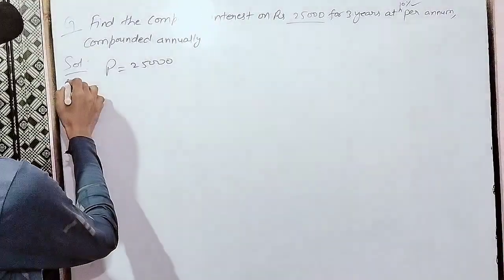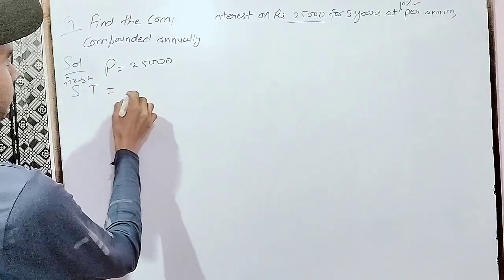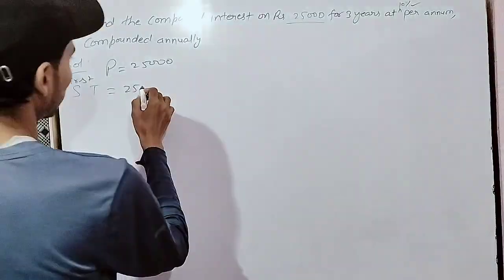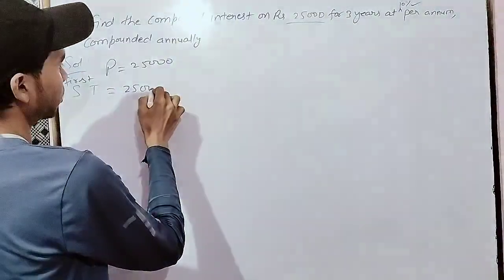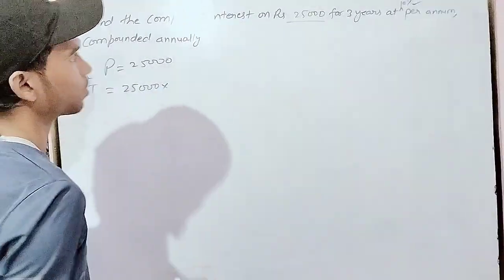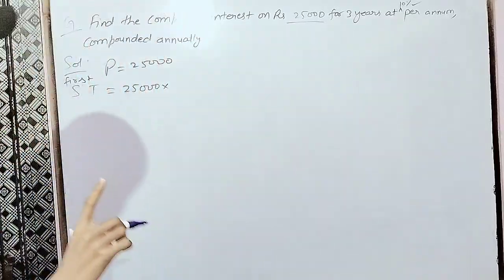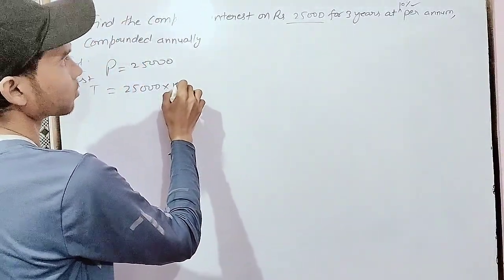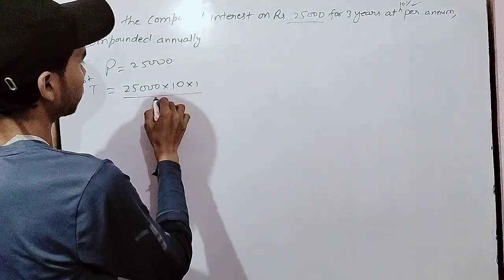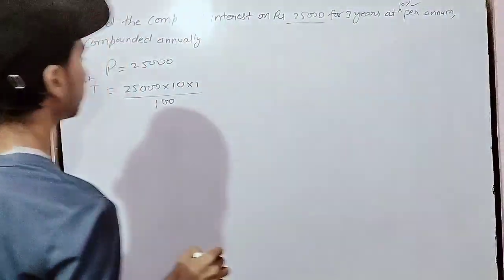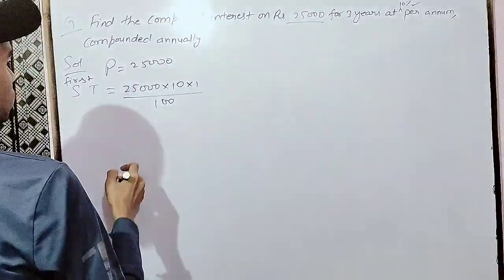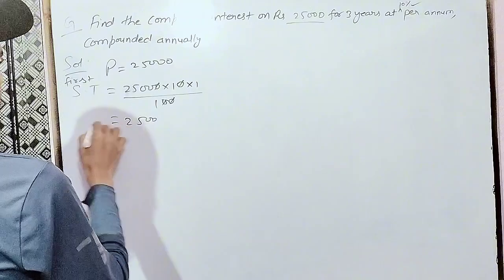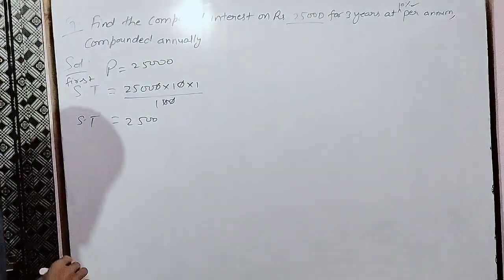First, this is the first simple interest. 25,000, R is 10, 1 upon 100. This is 2500. Okay, this is a simple interest.